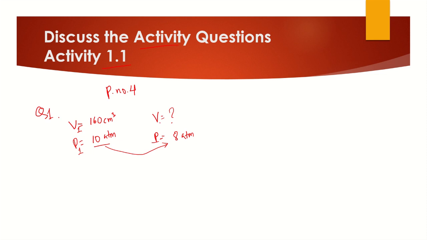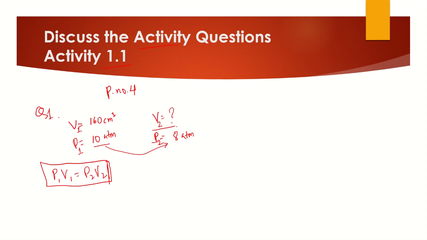So hence we can write this pressure as P2 and the question as V2. From the Boyle's law equation, we learned that P1 V1 is equal to P2 V2. So by using this formula, we have to solve this question.